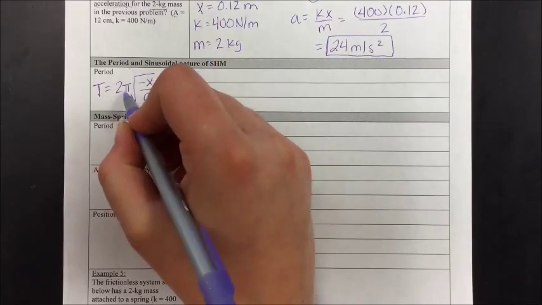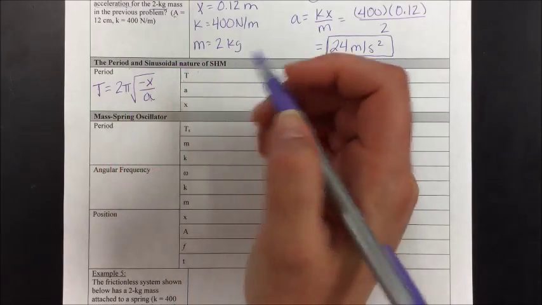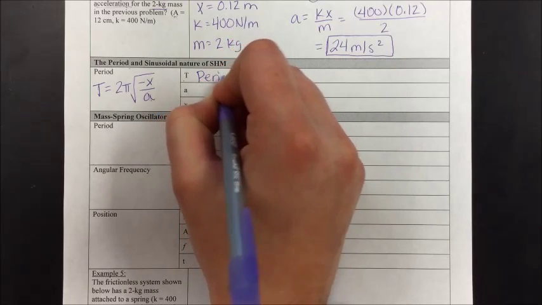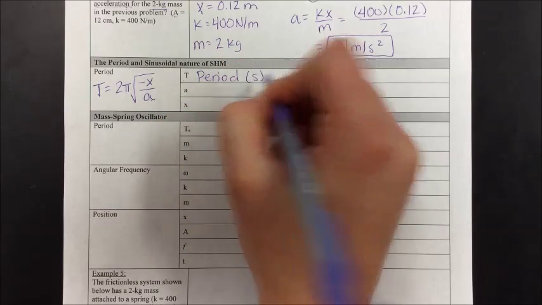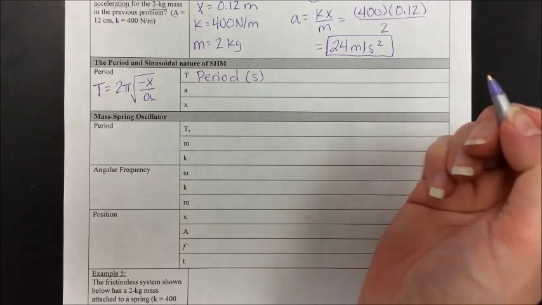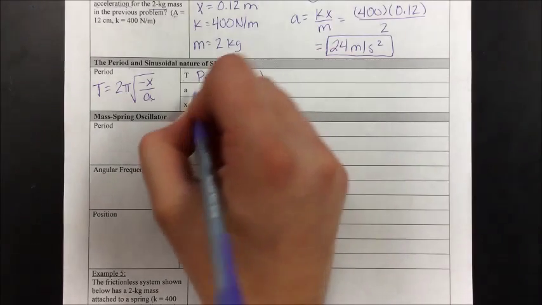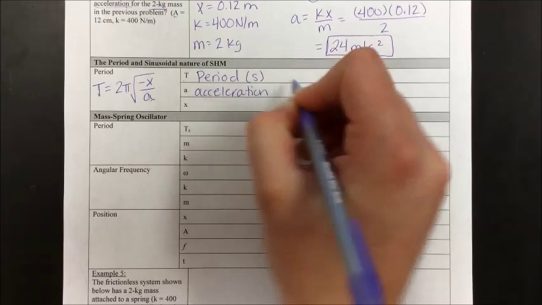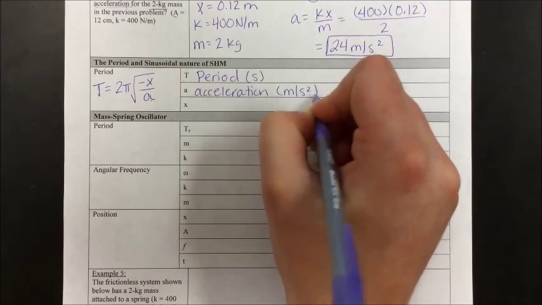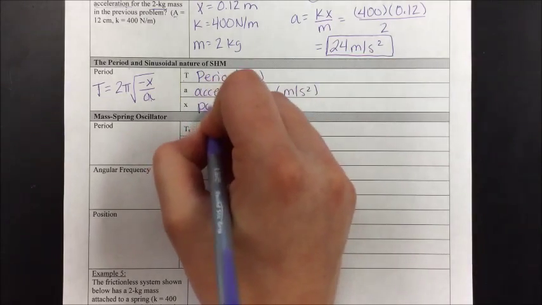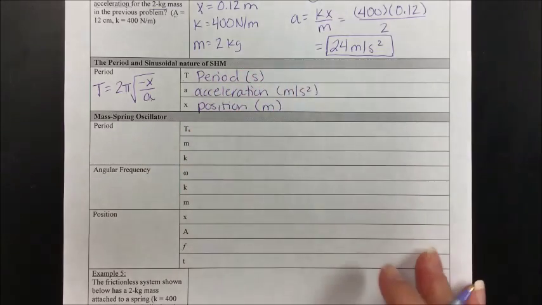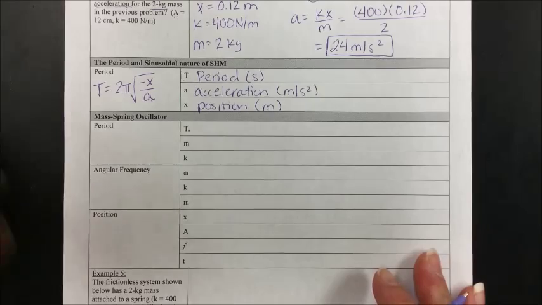Pi is your standard 3.14, and T is the period, so that's how long it takes for one oscillation. A is still acceleration, measured in meters per second squared, and x is position, measured in meters. So that's our general formula.